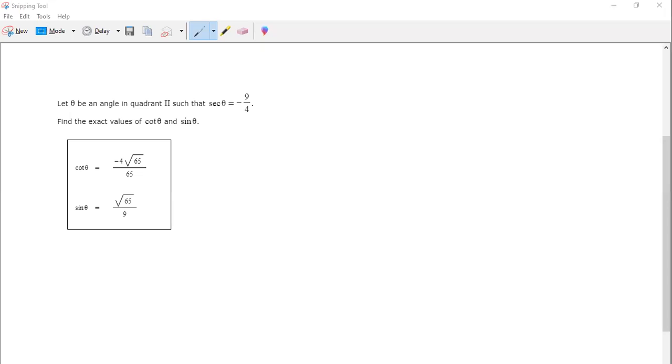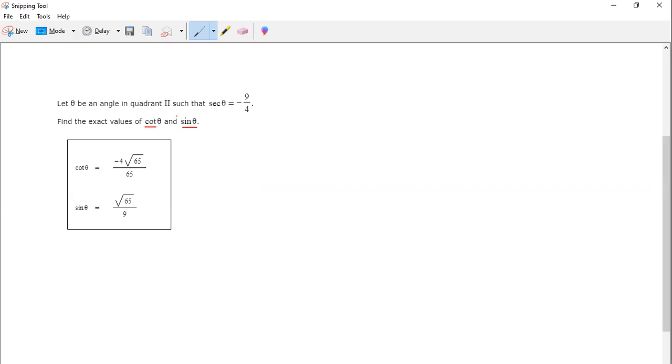So I'd like to explore this question type here in particular. The idea here is really to work backwards. We want to find the exact values of the cotangent of theta and the sine of theta with the information that we're given.